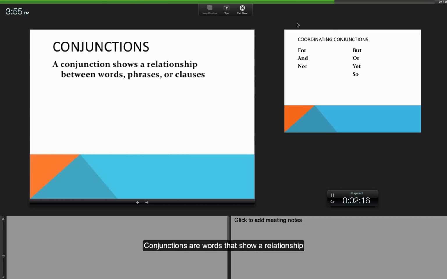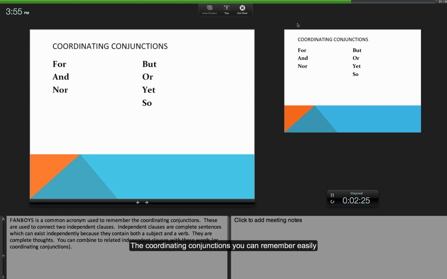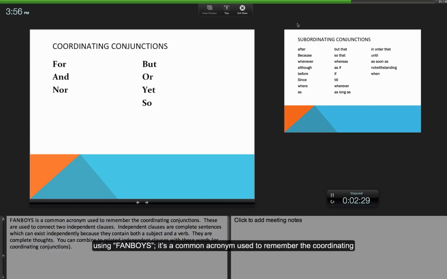Conjunctions are words that show a relationship between words, phrases, or clauses. Now there are two different kinds, coordinating conjunctions and subordinating conjunctions. The coordinating conjunctions you can remember easily using fanboys. It's a common acronym used to remember the coordinating conjunctions. These are used to connect two independent clauses.